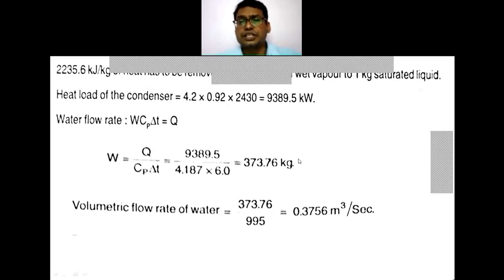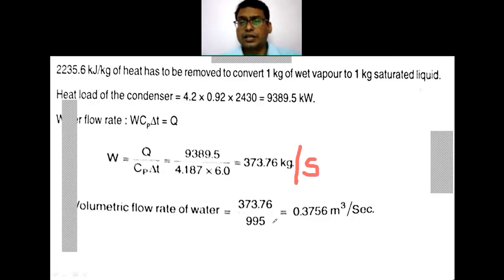This will give you the volumetric flow rate.